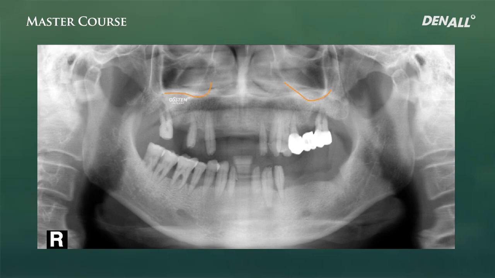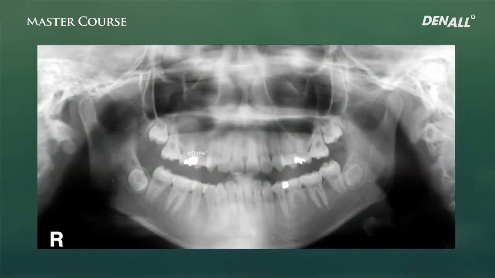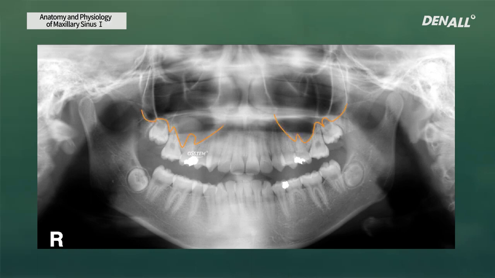If you look at the shape of the floor, there's a difference between the left and the right. This is a young patient. Bilaterally, the second premolars are congenitally missing, and the second deciduous molars remain. When teeth are missing like this, pneumatization can occur a lot.